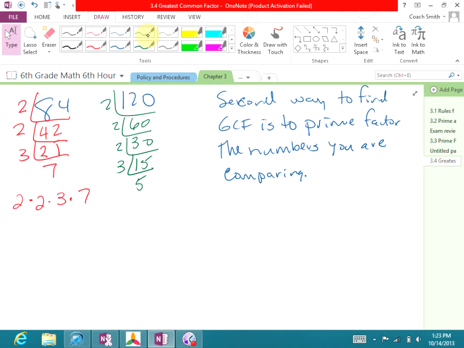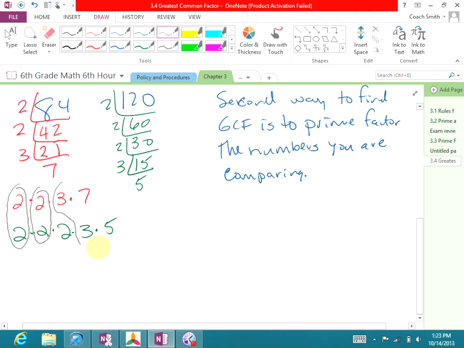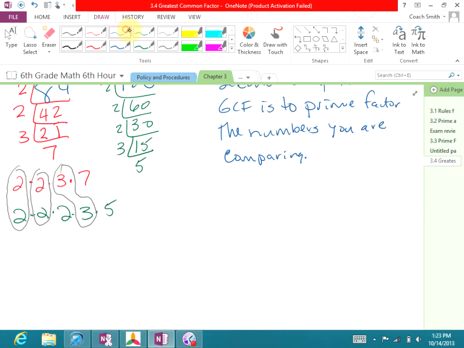All right, now, so my prime factorization of 120 was 2 times 2 times 2 times 3 times 5. Here's what I do. I circle the numbers that are common. Okay? And then I'm going to bring one of those numbers down.